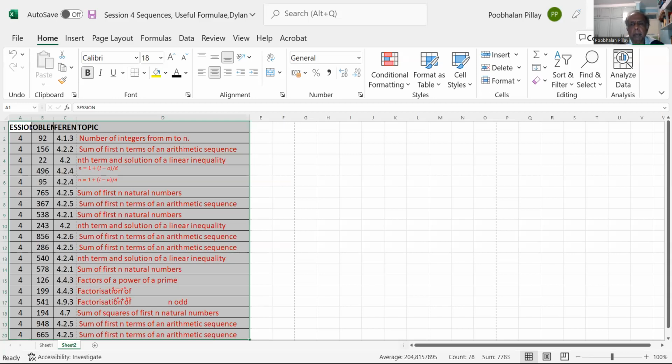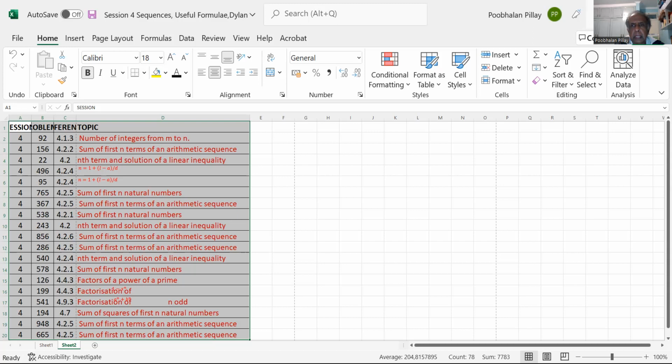We move on to problem number 156, which is indicated on the screen here. We're looking at this problem here. Given that you've got a fraction where the top is a sum of several numbers, at the bottom you also got several numbers, and that when you simplify this, you get 2013 over 2014.